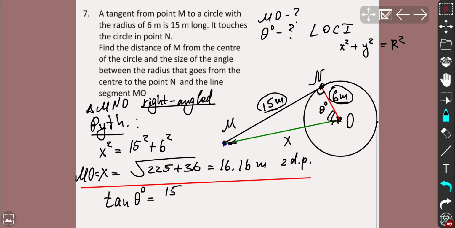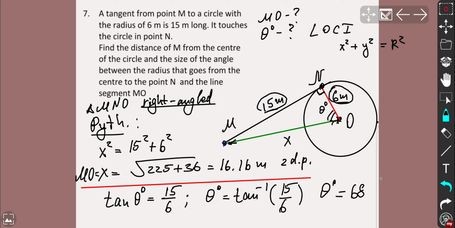So we've got 15 over 6, from where we can calculate the inverse tangent of the fraction 15 over 6. Let's see what the calculator gives us. We've got tan minus 1 of 15 over 6, and we've got 68.20 degrees if you round to 2 decimal places.